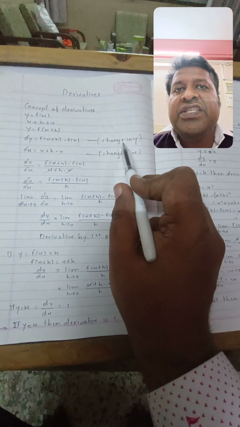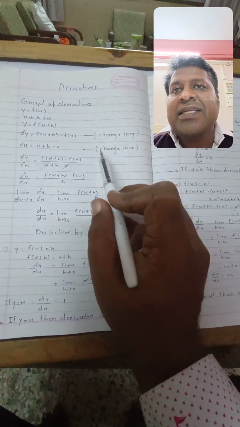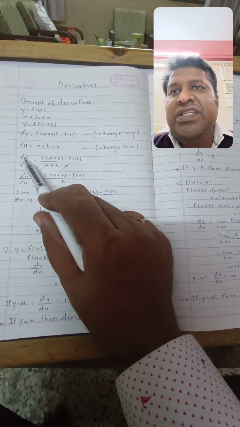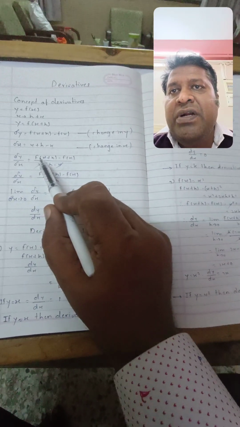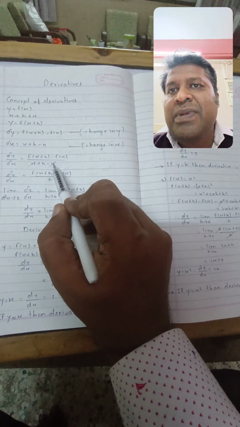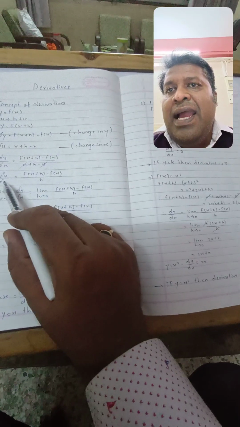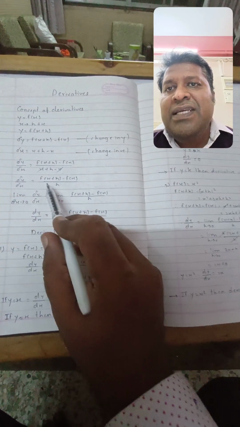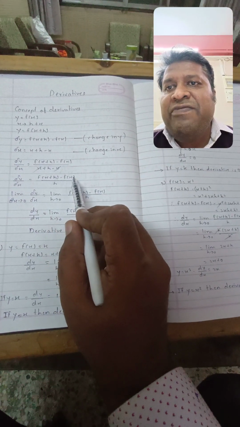So this is the change in y and this is the change in x. Now if I divide change in y by change in x, it will be f of x plus h minus f of x upon x plus h minus x, where x minus x gets cancelled, and finally we get delta y upon delta x is f of x plus h minus f of x upon h.